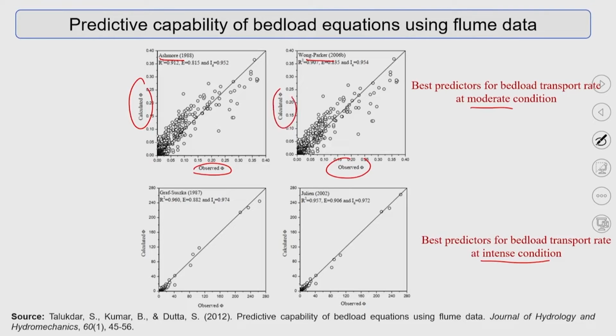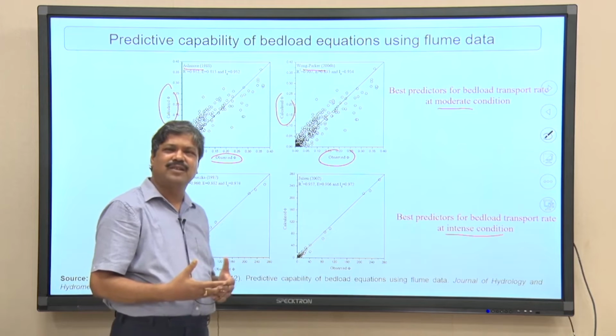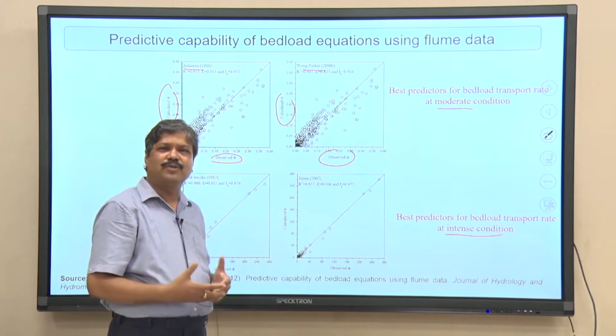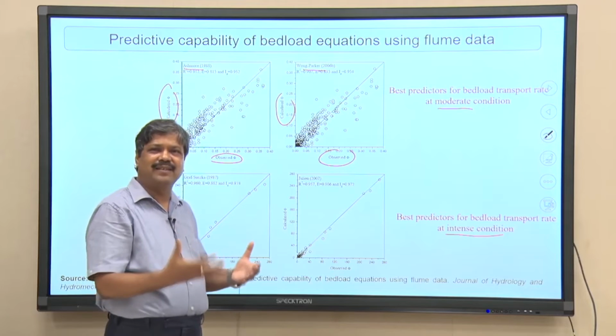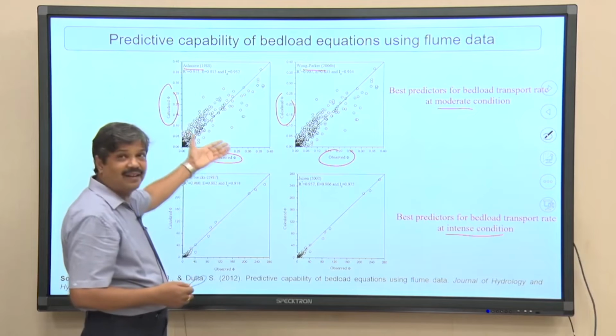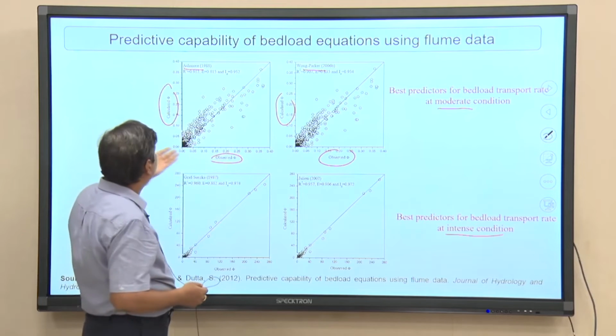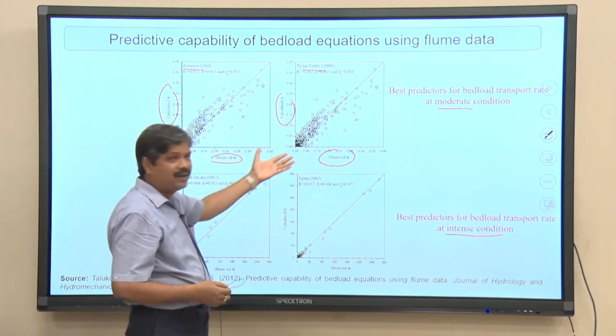it is quite interesting, and that is what is expected in natural river systems. Any equation you develop, for any flume, cannot exactly match the data. So you will have spreading of the data, though it improves in terms of R squared and the error components.